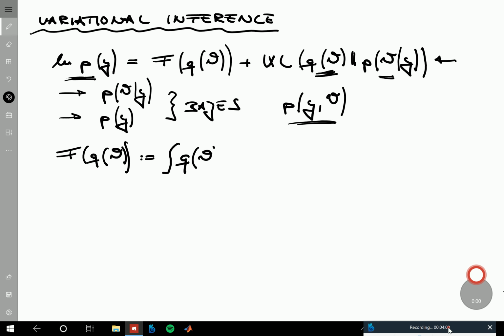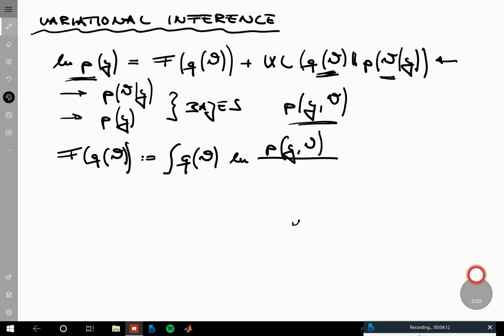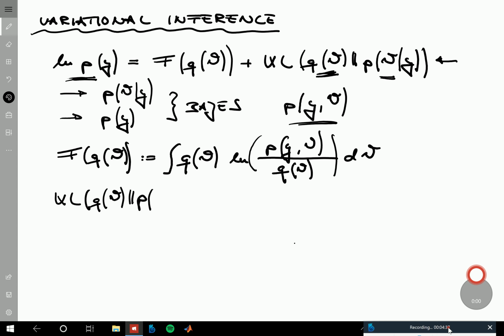So the variational free energy is this integral, where what you put in is the probabilistic model, p(y, theta), and the variational distribution, and the KL divergence, which we looked at a little bit last time, specifically if things are Gaussian, is this integral.